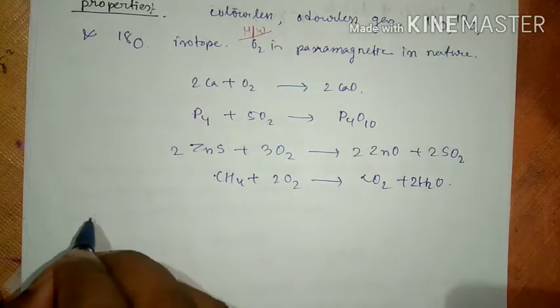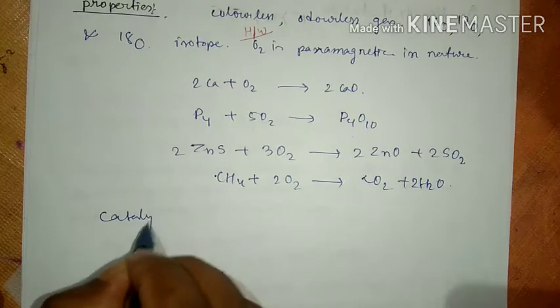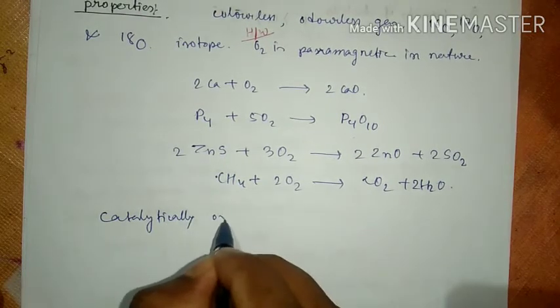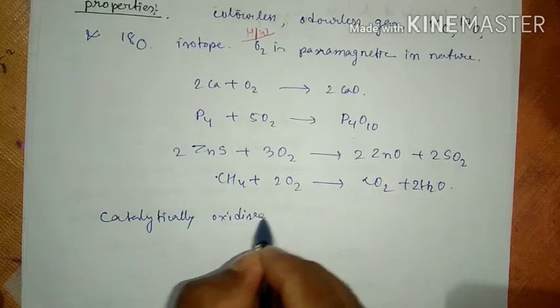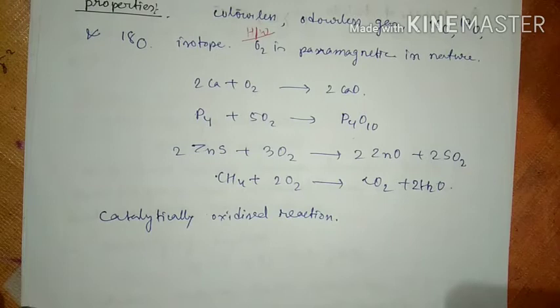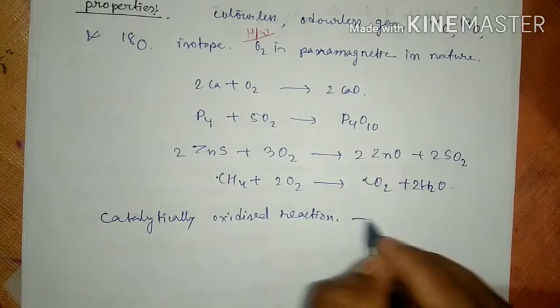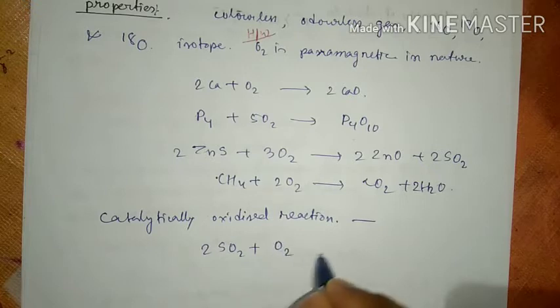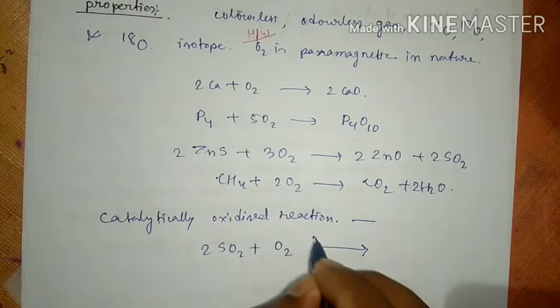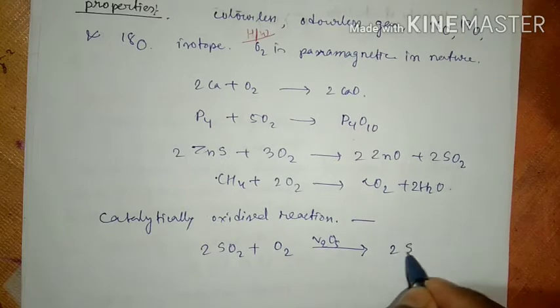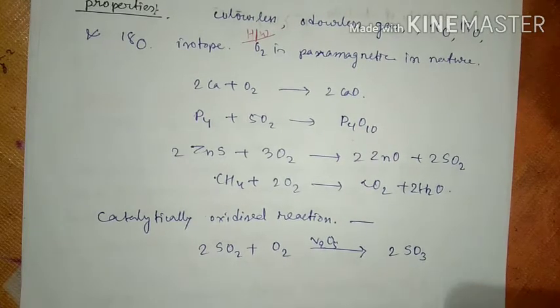Okay. Now, catalytically oxidized reactions. Suppose sulfur dioxide reacts with O2 in the presence of vanadium pentoxide as a catalyst, it produces 2 moles of sulfur trioxide.